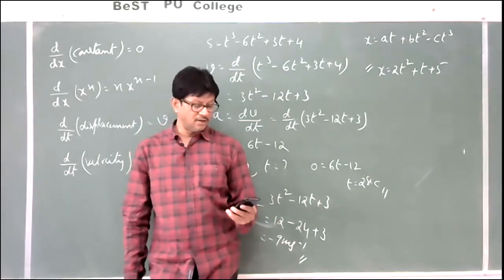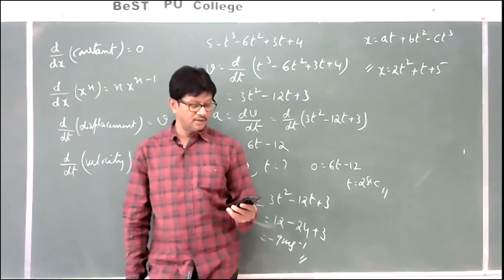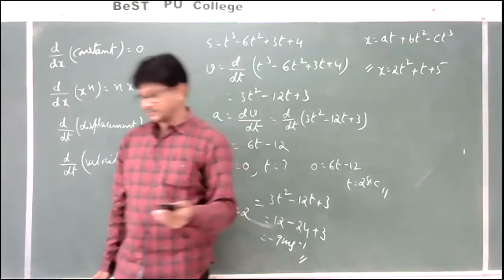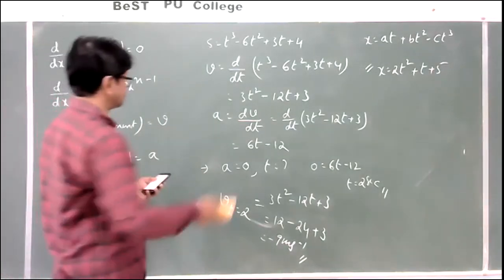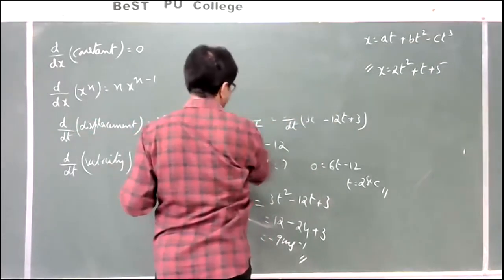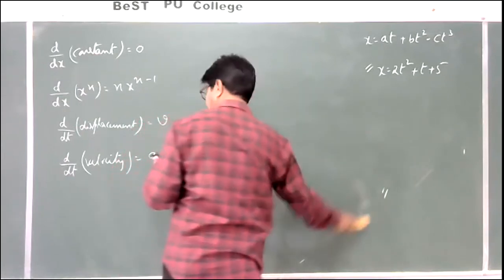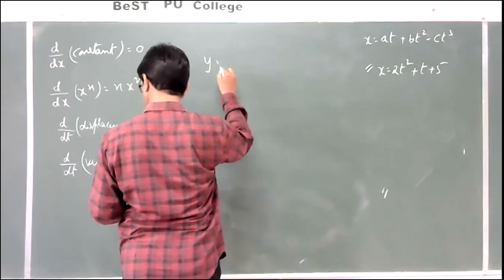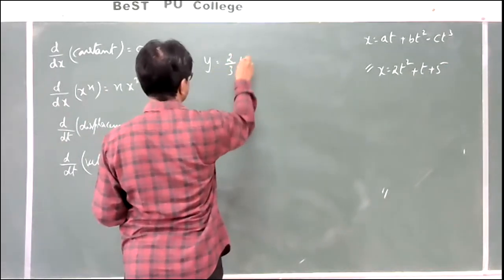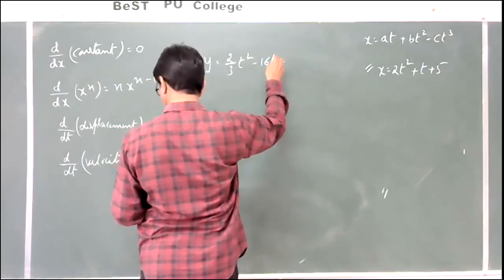The displacement of a body varies with time according to the equation y is equal to 2 by 3 t square minus 16t plus 2.